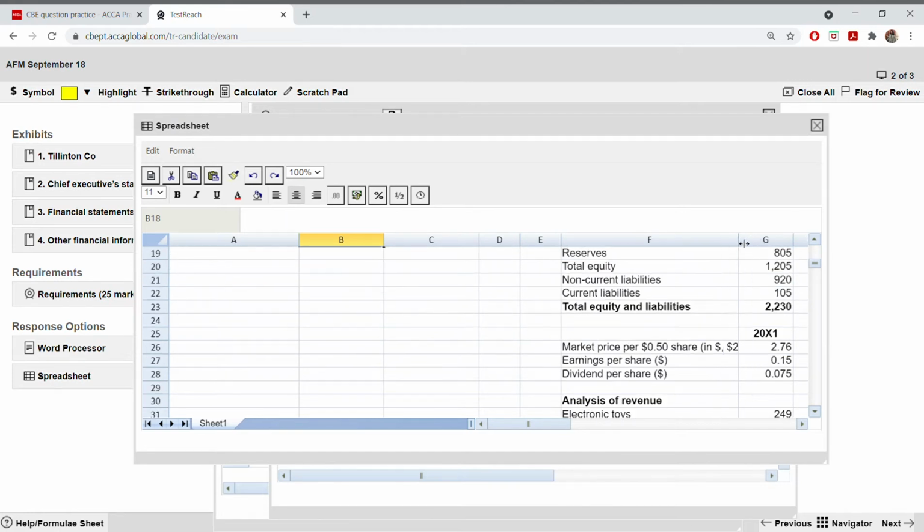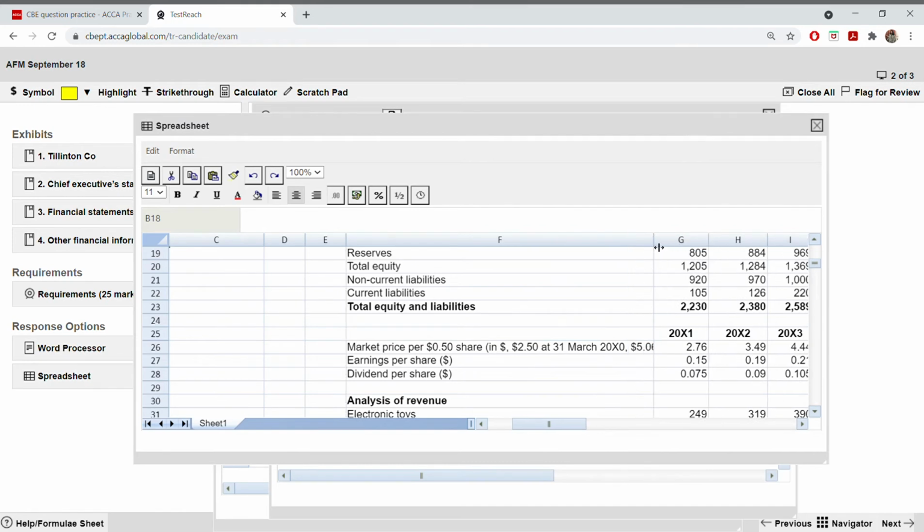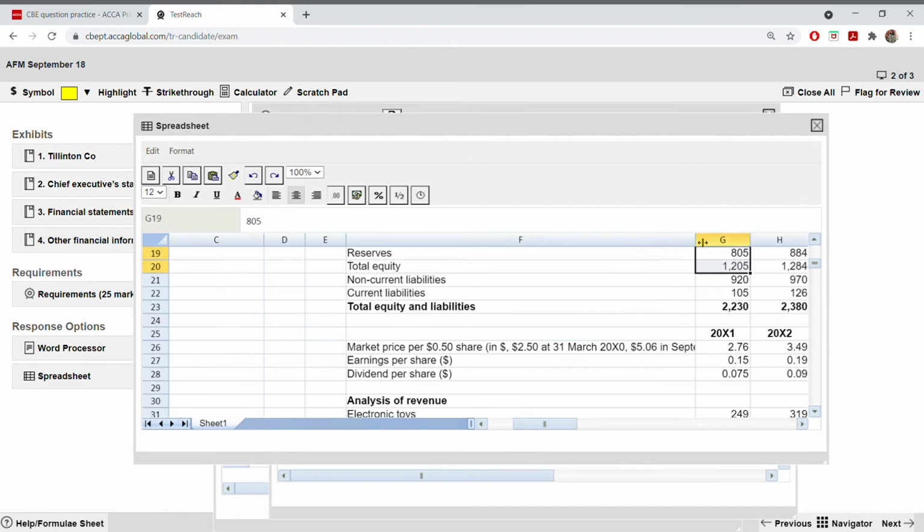So share capital, here what they told us, if you see the share prices here, make sure you see the whole thing. So market value is 0.5.